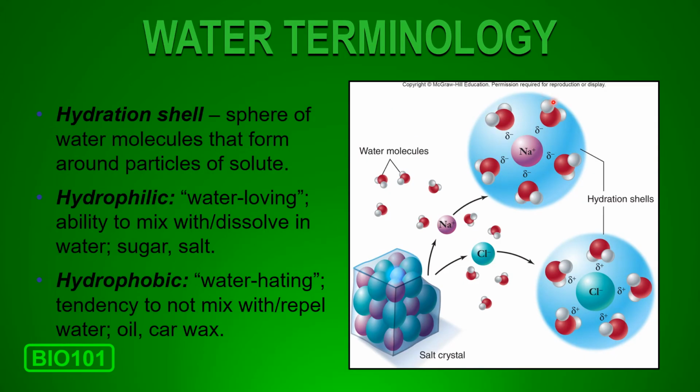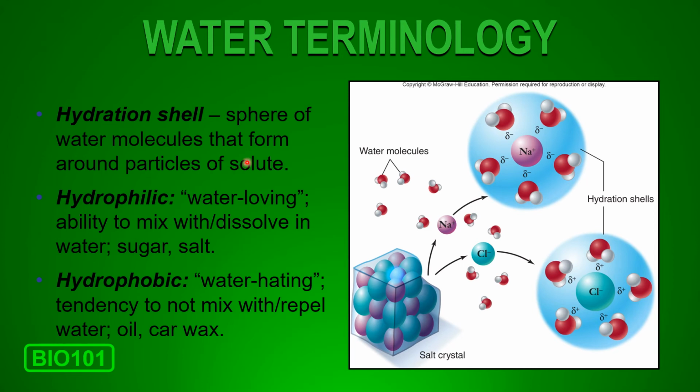So the hydration shell is the sphere of water molecules that form around particles of solute. Now what we know here is that water, we call it the universal solvent, S-O-L-V-E-N-T, solvent, because many things can dissolve in water. Not just sugar and salt. Many things can dissolve in water. That makes it a solvent.